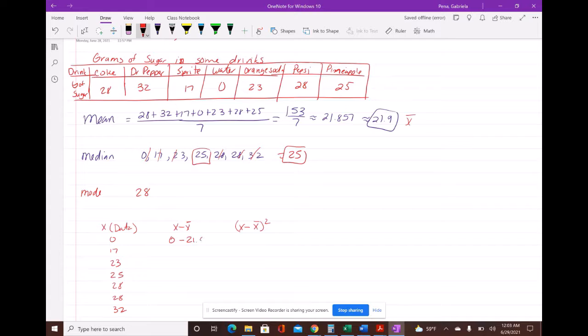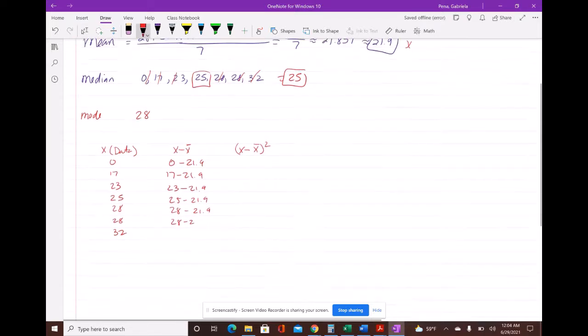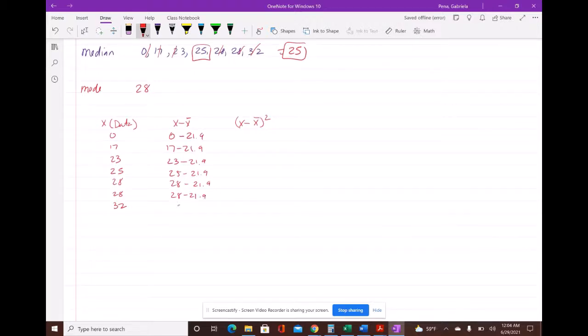0 minus 21.9. Oh, that's not 0, that's 17. 17 minus 21.9. 23 minus 21.9. 25 minus 21.9. 28 minus 21.9. 28 minus 21.9, 32 minus 21.9.